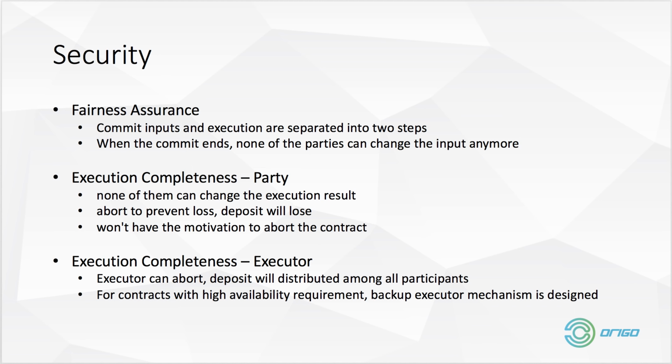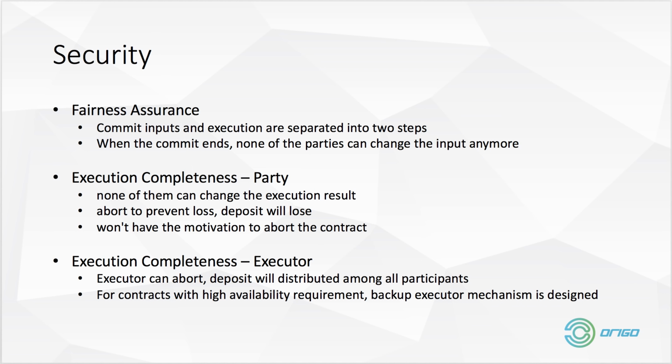If he changed the result and gave something wrong, he cannot generate that kind of proof. He cannot find a proof to prove his wrong result. That means none of them can change the execution result.